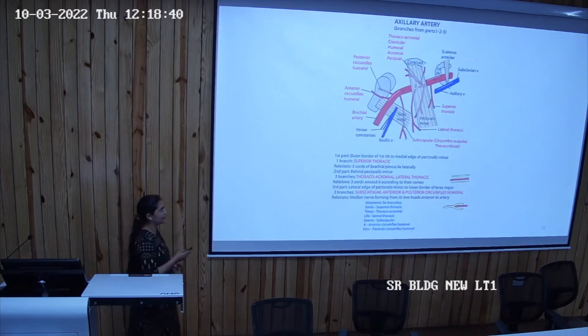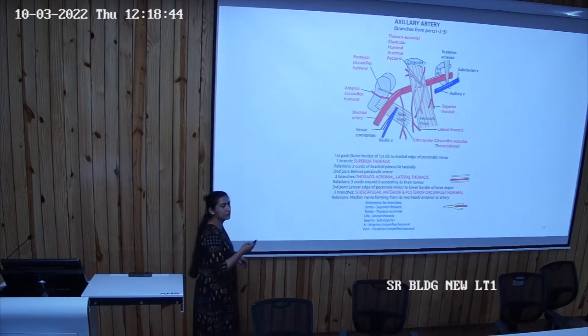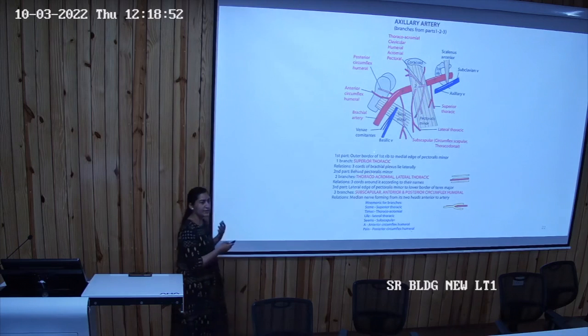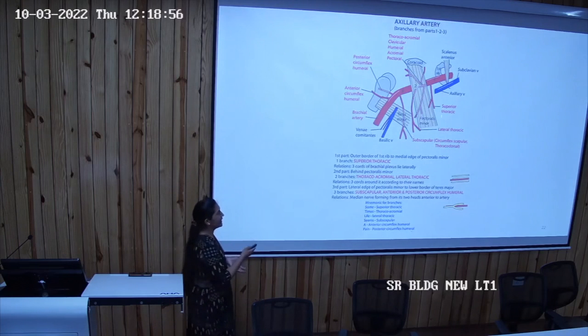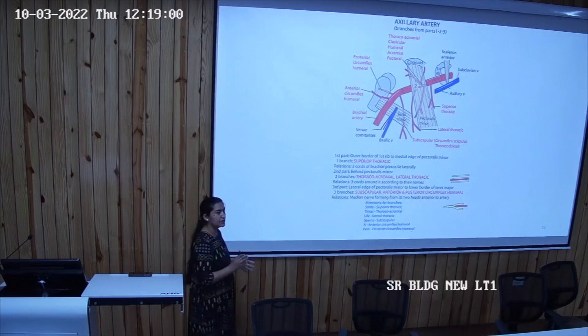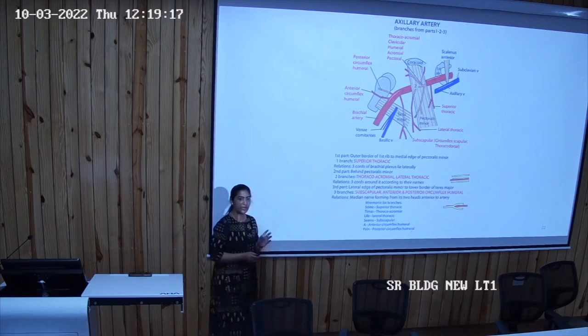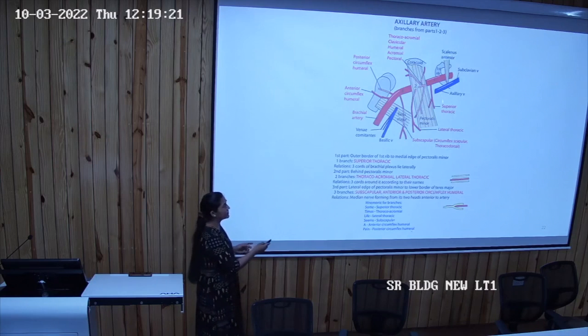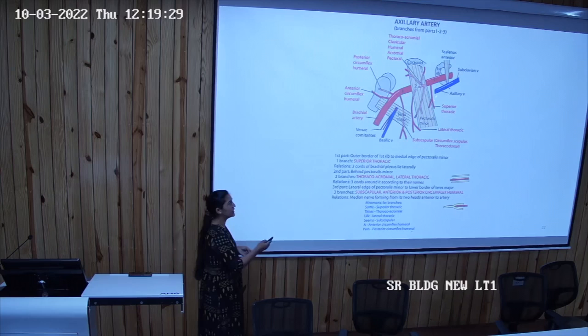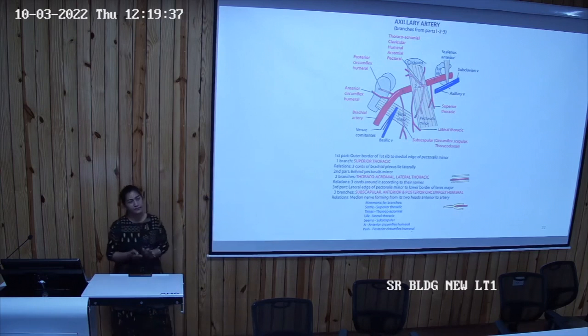First, see the picture of the axillary artery. So, axillary artery is particularly formed from the parts are different branches.